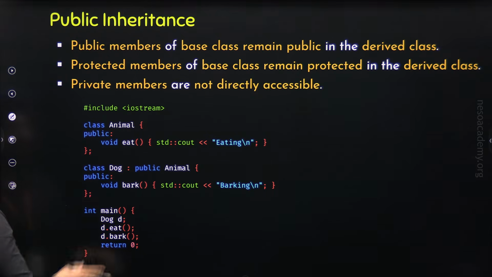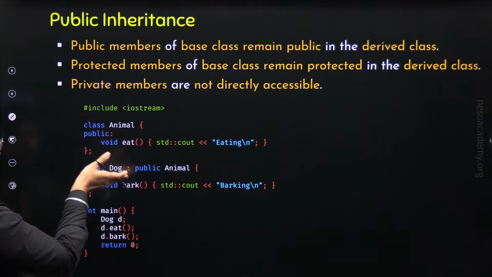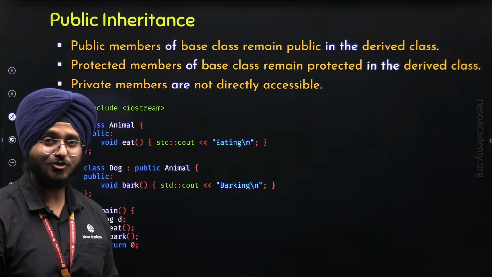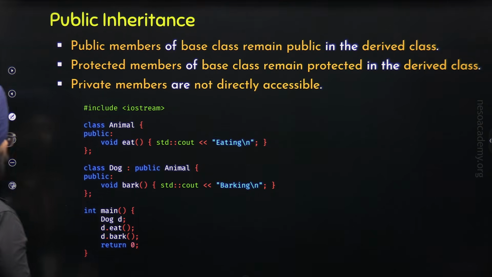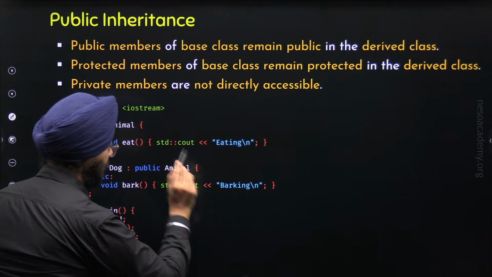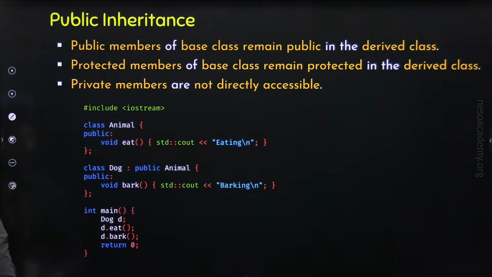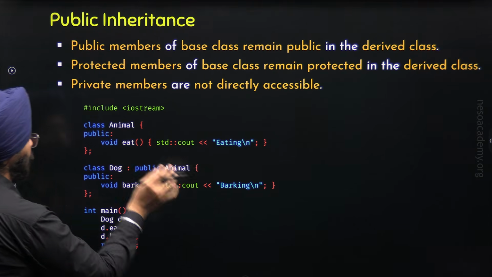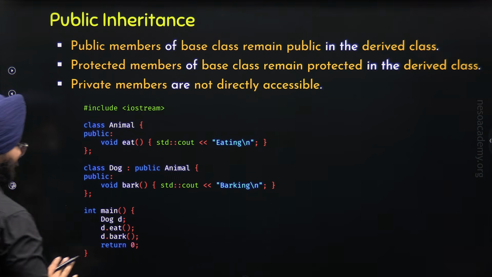So it seems like this function is defined in this class itself. There is no change. Here we also have this public member function bark that allows us to display barking on the screen. This means we are mimicking the behavior of a dog barking.